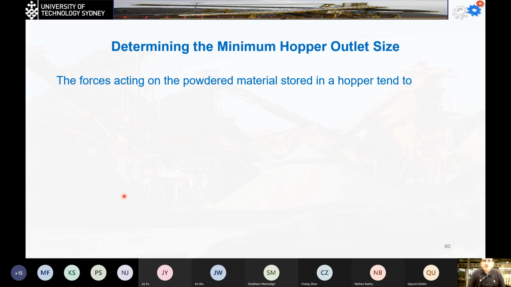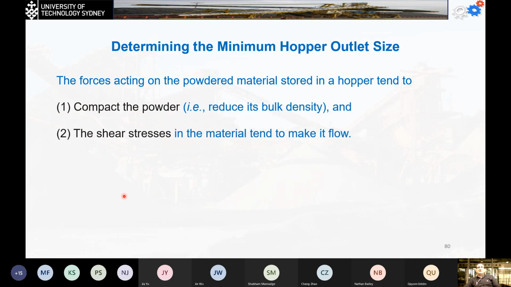So the force acting on the powder, as we mentioned earlier, will usually tend, first, due to the weight, to try to compact the powder downward. And this will reduce the bulk density. And we have the shear stress, which tends to make the material flow.